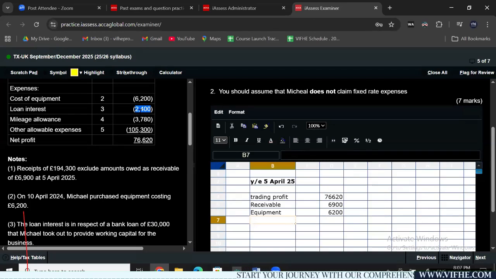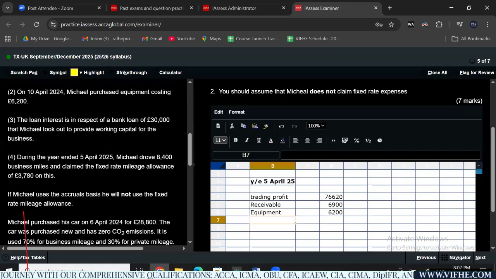But as no other information is given on whether anything is still outstanding as far as this period is concerned, I believe that 2400, though paid, is the only figure relevant to the period of account. So this value is deductible, but considering it has already been deducted in arriving at this profit figure of 76620, I am not going to deduct it once again. This is provided with nil treatment. So this is the interest payment, right?